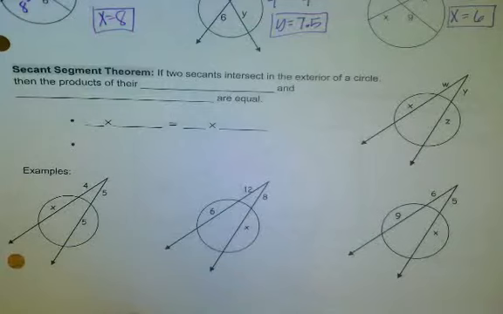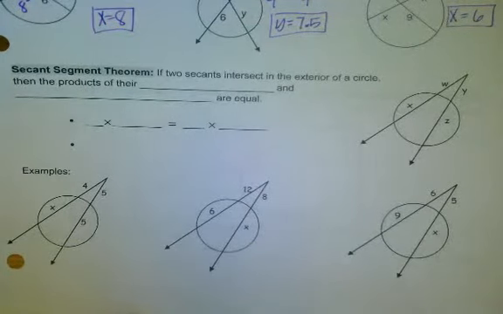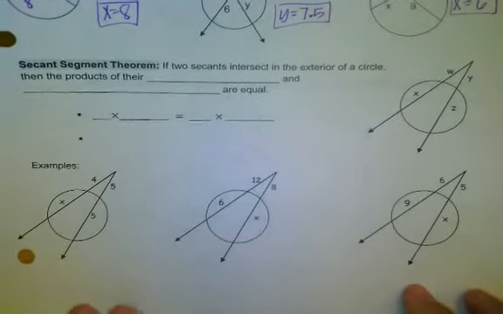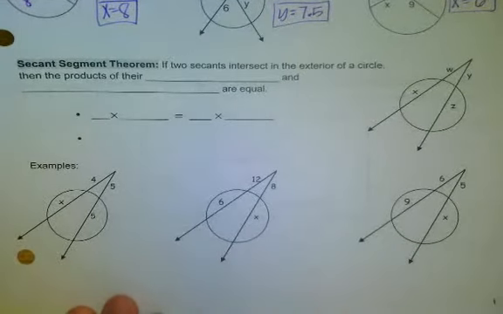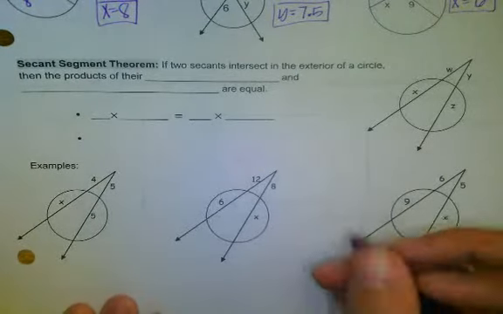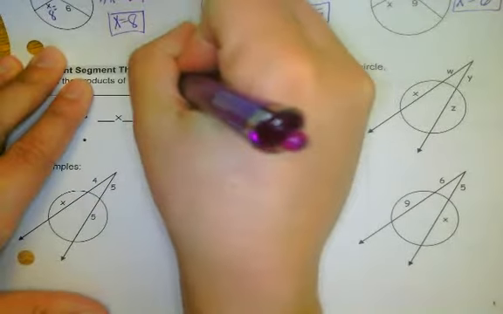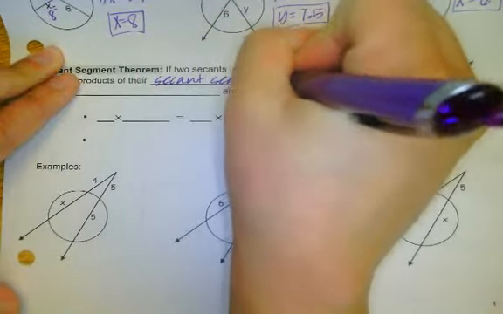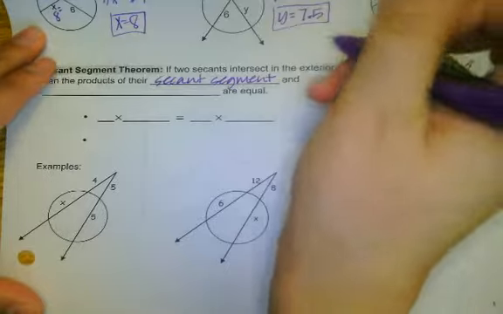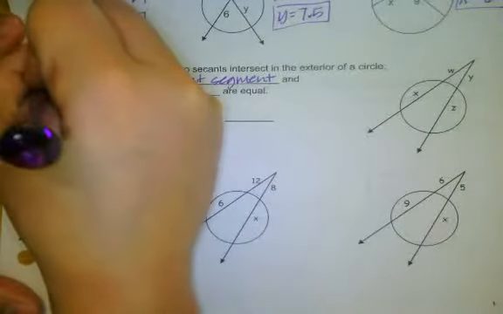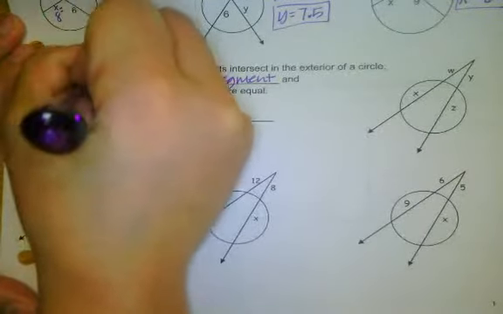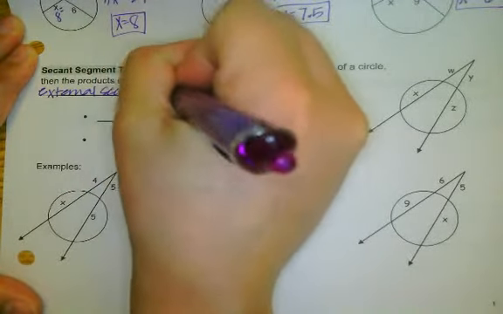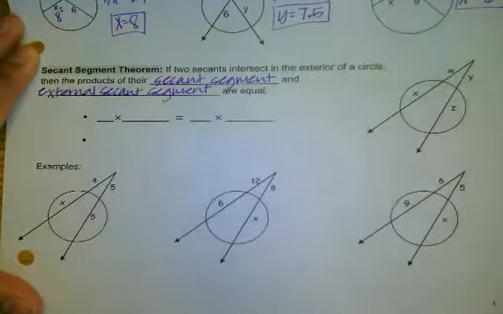However, the next part is called a secant segment theorem, and it says that if two secants intersect in the exterior of a circle, then the products of their secant segment and their external segment are equal.